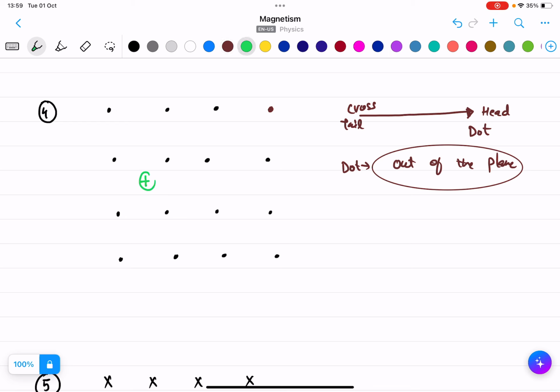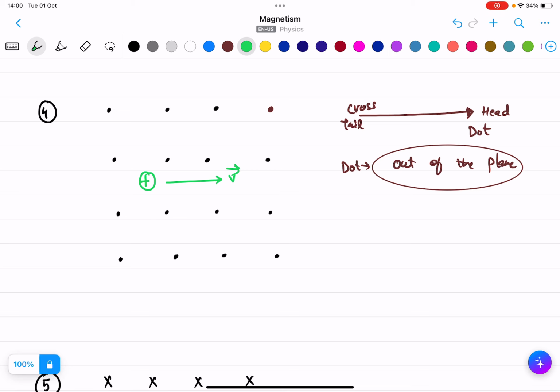There is a positive charge, it's going in this direction, so we need to calculate the force. So that means B is given to you. B is now out of the plane. So how will you face the fingers now? Just imagine how you are going to place the fingers. Out of the plane means like this.